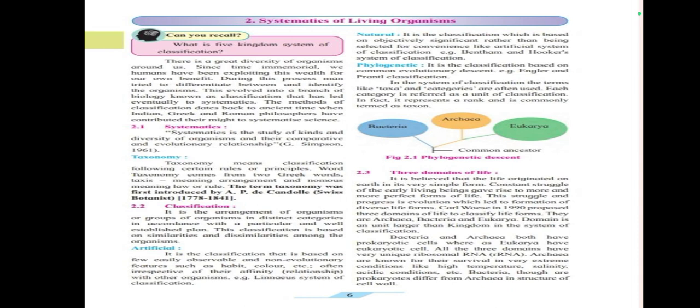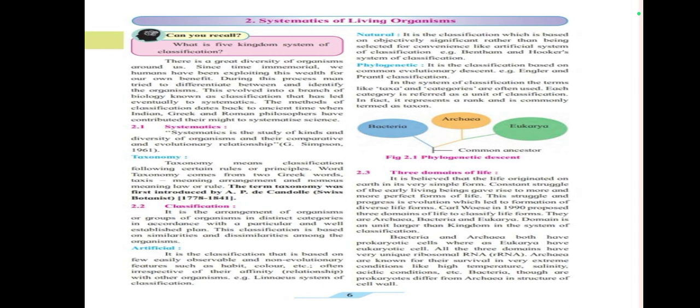Carl Woese in 1990 proposed three domains of life to classify life forms. They are archaea, bacteria, and eukarya. Domain is a unit larger than kingdom in the system of classification. Bacteria and archaea both have prokaryotic cells, whereas eukarya have eukaryotic cells.